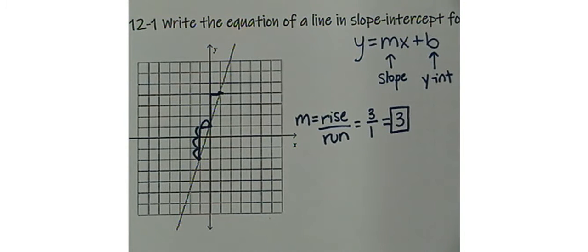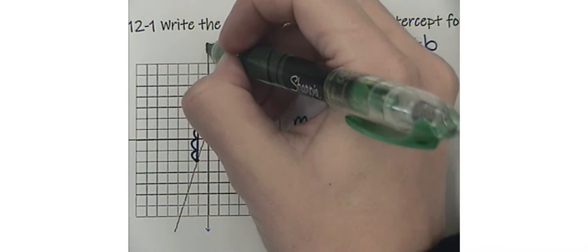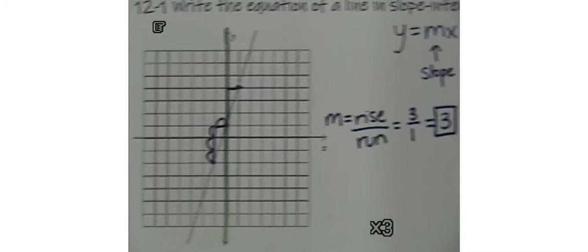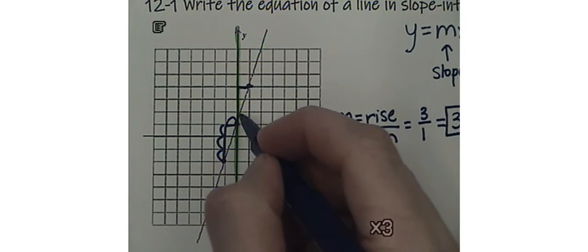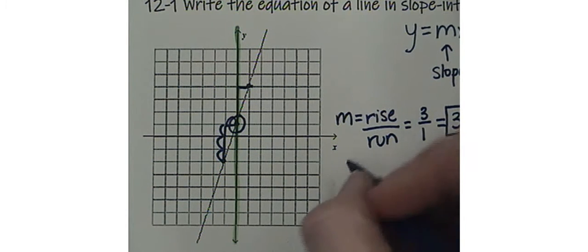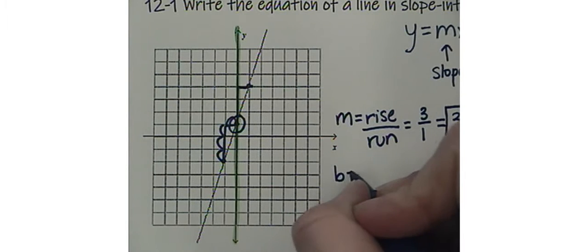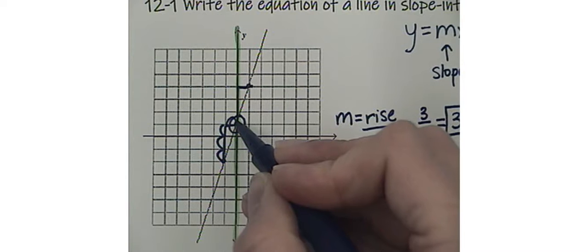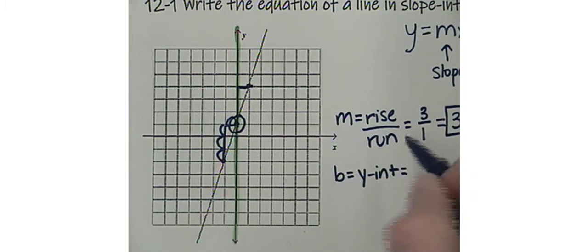Now we need the y-intercept, or the b value. I'm going to highlight my y-axis, and we're looking for where our line intersects or crosses that green highlighted y-axis. It occurs at this middle point right there. So my b value, my y-intercept, occurs at 0, 1, where I went up to 1.